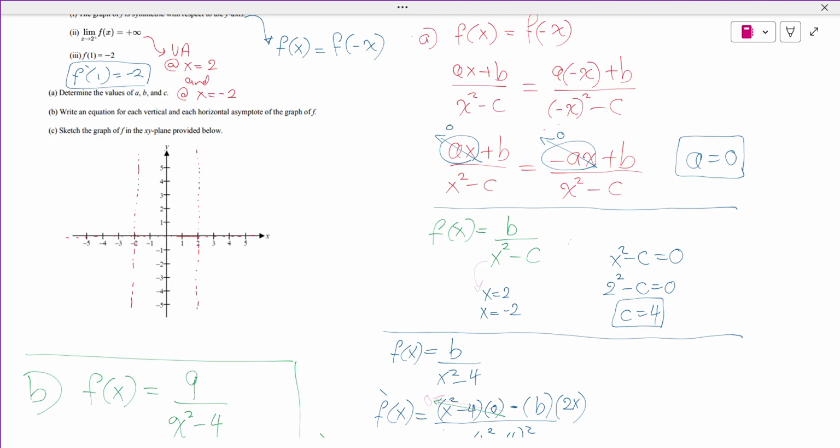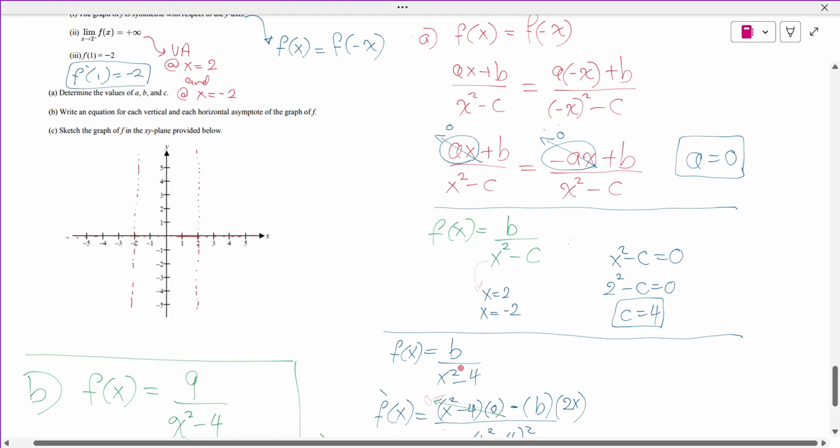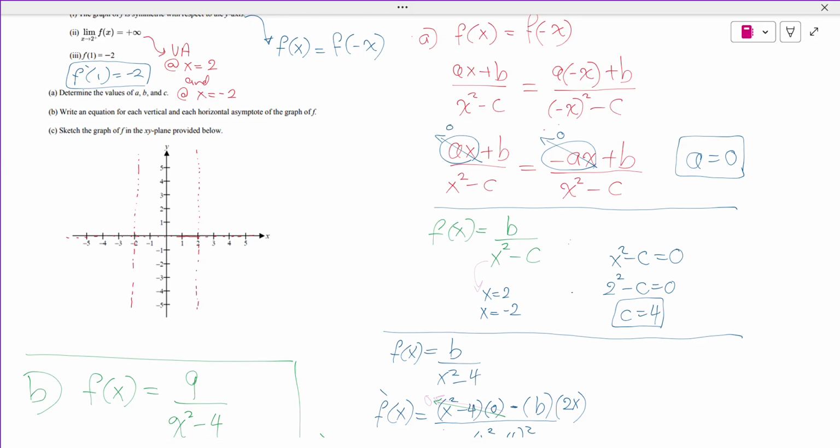Well, let's start from one side and we will copy it on the other side, because the graph is symmetrical with respect to the y-axis. So you need to sketch a curve that approaches those asymptotes. We need to make a graph here that approaches this asymptote and this asymptote as well.